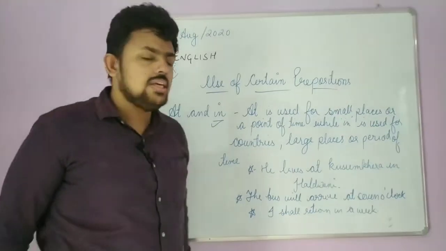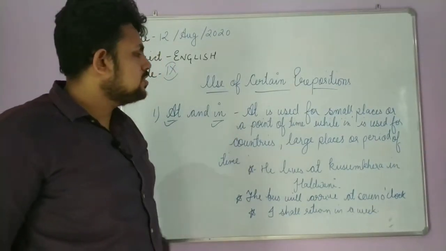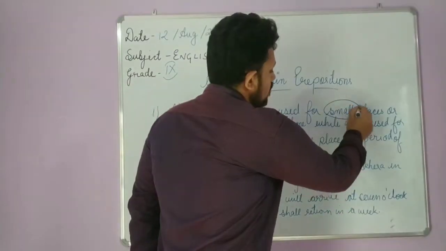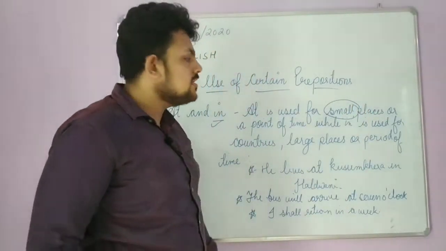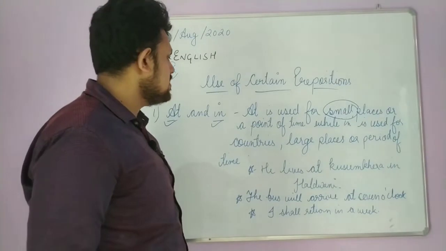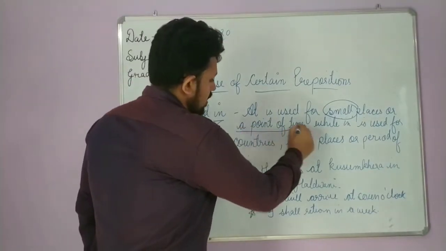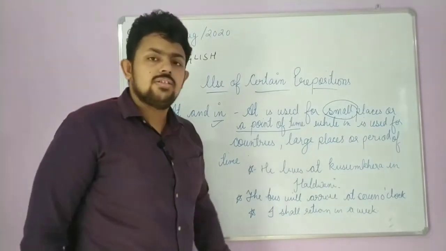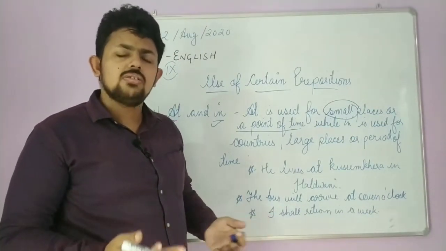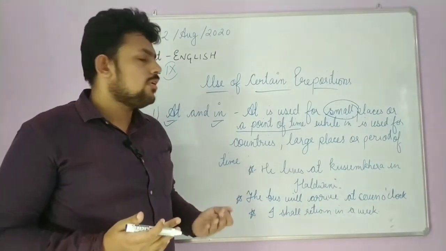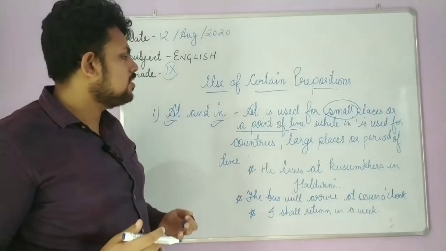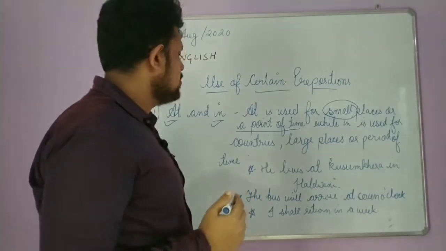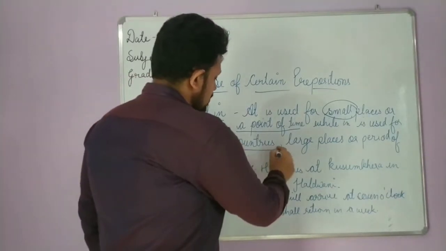Here, see, at is used for small places or a specific point of time, to show some particular point of time. While in is used for countries.